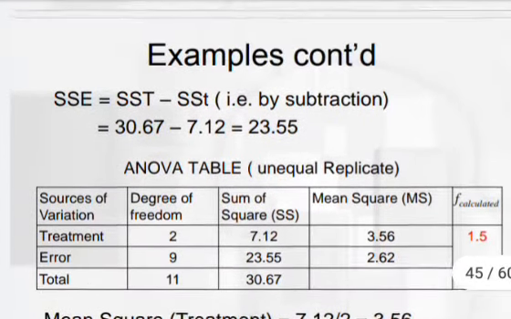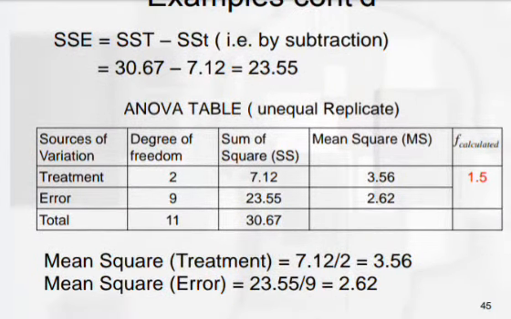Now that we have gotten that, our formula remains the same, the table remains the same. So treatment, error and total. You can see how we get it in the previous video. Now you can see here, mean square treatment equals the sum of squares treatment over degrees of freedom treatment.